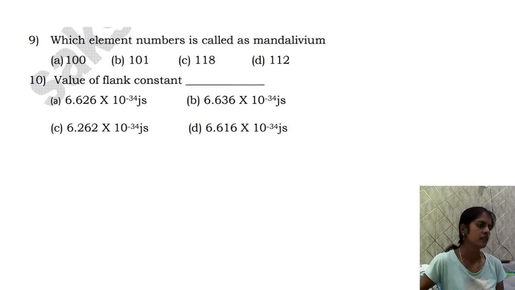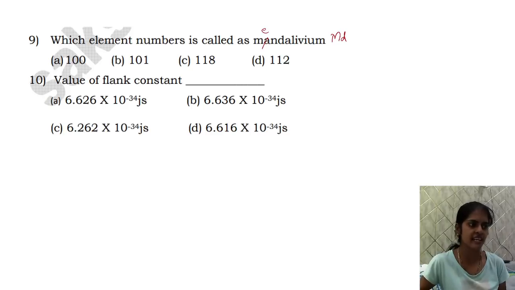Next one, which element is called Mendelevium? This is not Manda, this is Mendelevium. So Mendeleev has found, and as a tribute to Mendeleev, one element is named Mendelevium, isn't it? Mendelevium symbol is Md.